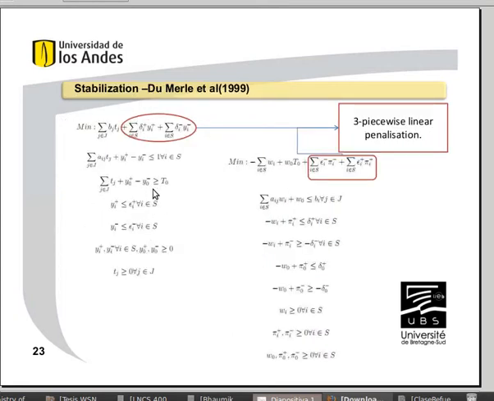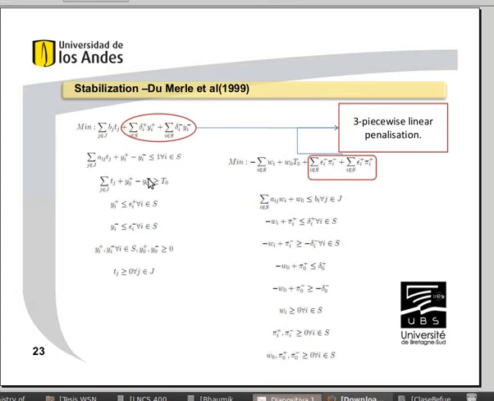The second strategy proposed is the one proposed by Du Merle. This is a generalization of Marsden's model in which, same as in Marsden's model, a set of perturbation terms are included in the original model.